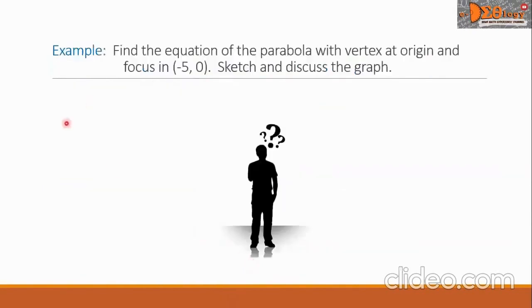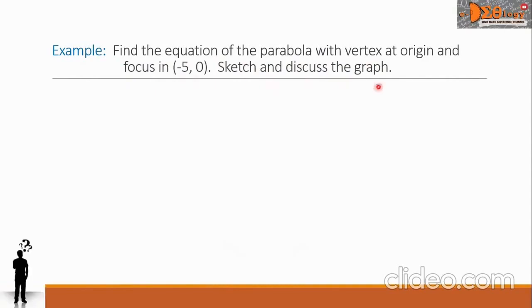Let's have an example. Find the equation of the parabola with vertex at origin and focus in negative 5, 0. Sketch and discuss the graph. For our solution, we know that a is the distance between vertex and focus.